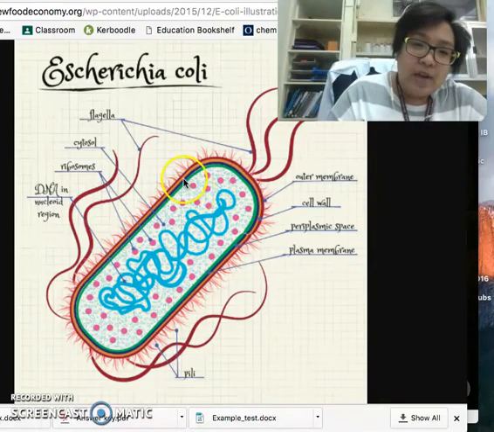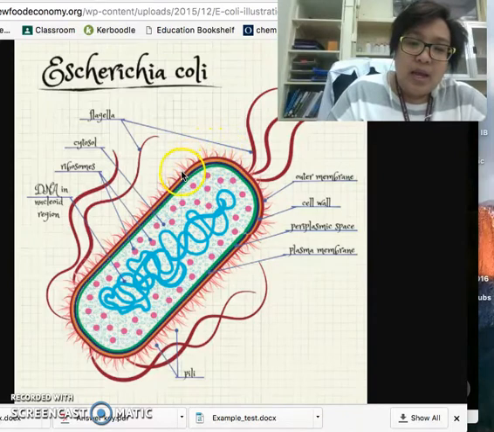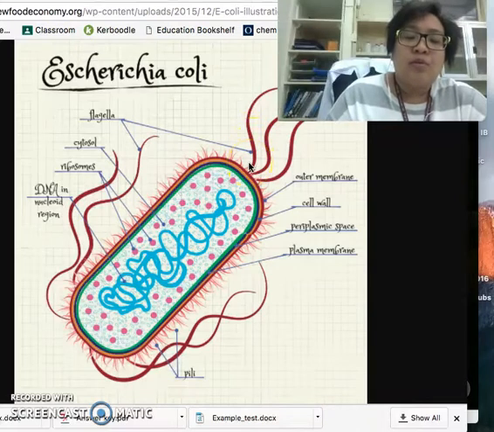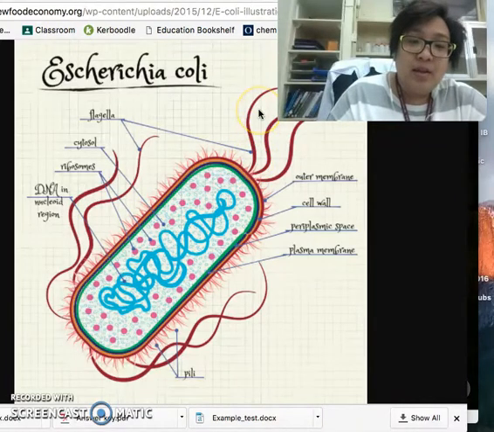It will also have hair-like projections called pili, and longer projections called the flagella. As you can imagine, the flagella is for swimming through the medium or for movement in water.